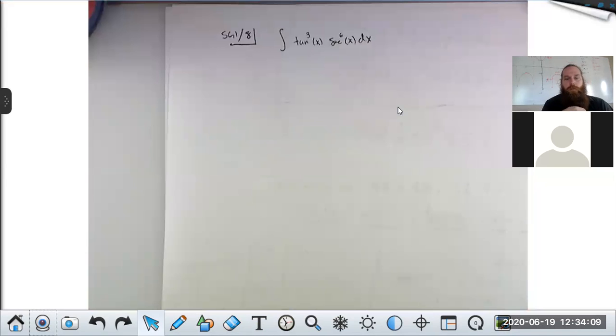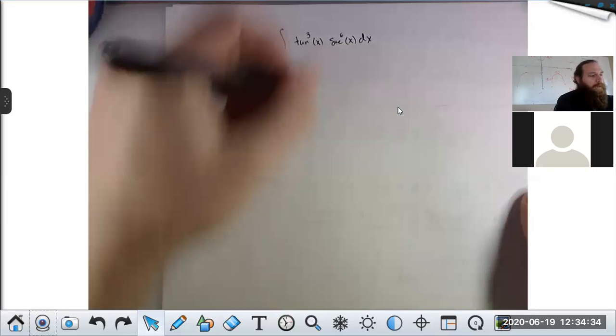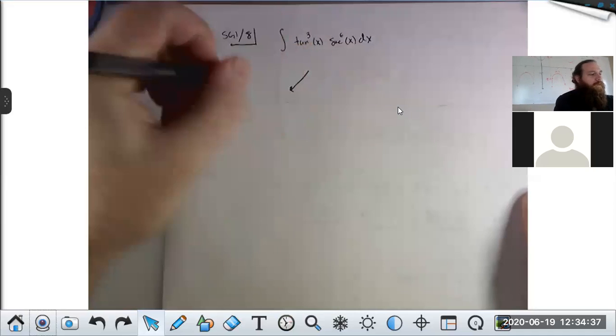Remember, if the power of secant is even, then we can pull 2 copies of secant off to the side, rewrite the remaining secants as tangents, and then substitute for tangent. Or if the power of tangent is odd, we can pull a secant tangent off to the side, write the remaining tangents as secants, and substitute for secant. So this is an integral that can be done 2 ways. And you have to pick a strategy at the start.